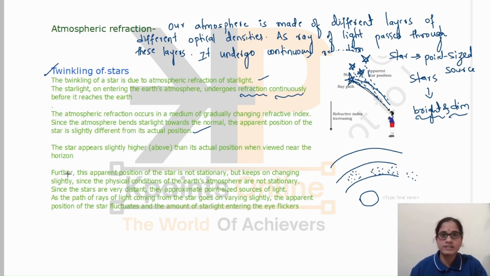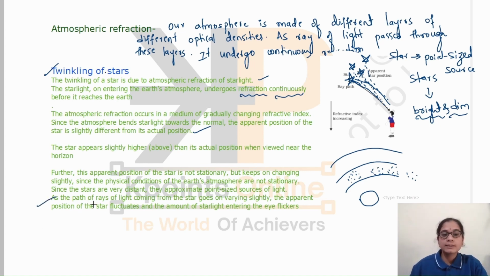when viewed near the horizon. Further, this apparent position of the star is not stationary, and again when you see the star from this position, it is not stationary. Again the refracted rays may reach your eyes from a different position, from here or here, because of which it seems like they are twinkling.